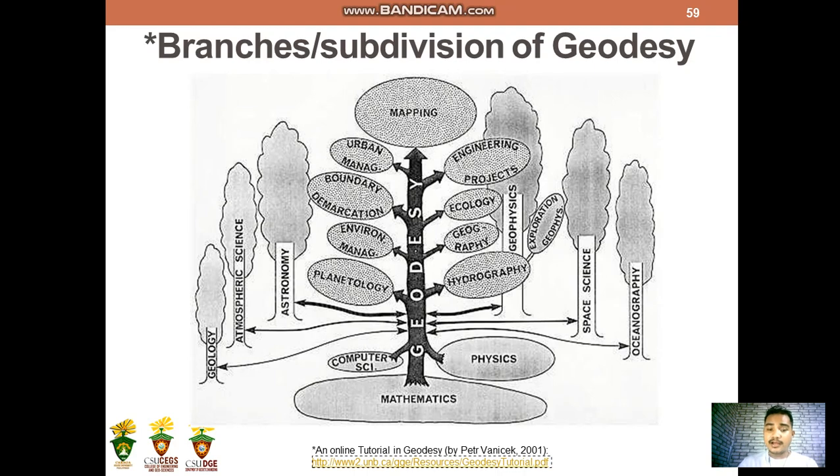The outputs of these sciences can be mapping, urban management, engineering projects, boundary demarcation, ecology, environmental management, geography, plantology, and hydrography.